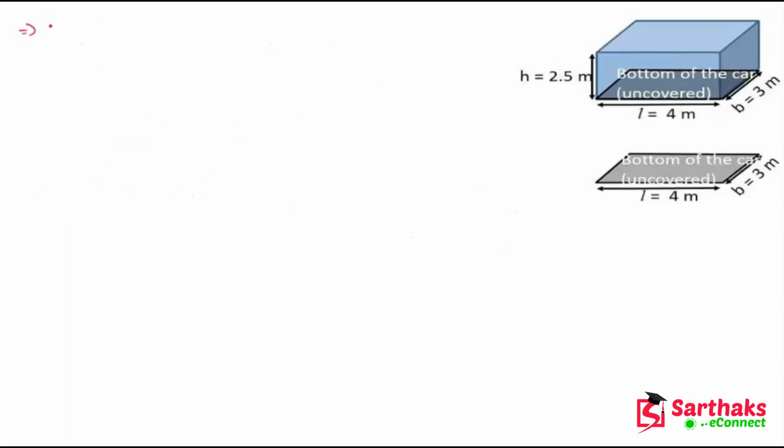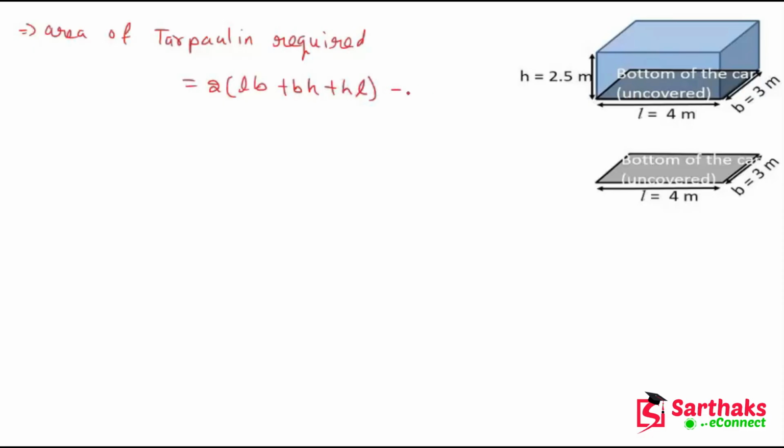So the area of tarpaulin required is equal to 2 into (LB plus BH plus HL) minus L into B. This becomes 2LB plus 2BH plus 2HL minus LB. We have 2LB and 1LB, and if we subtract this we get single LB plus 2BH plus 2HL.